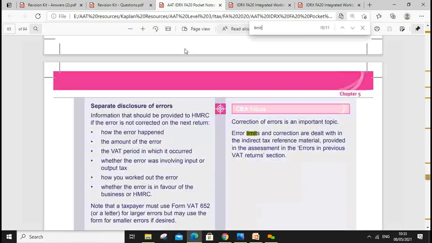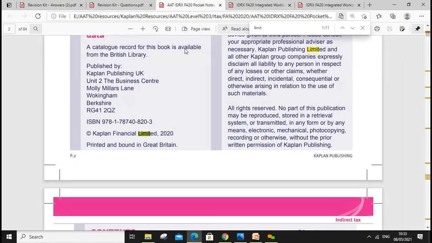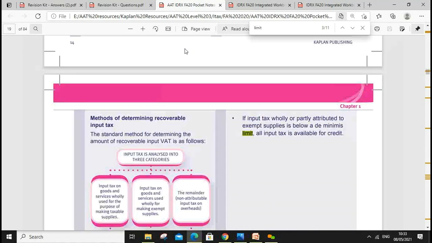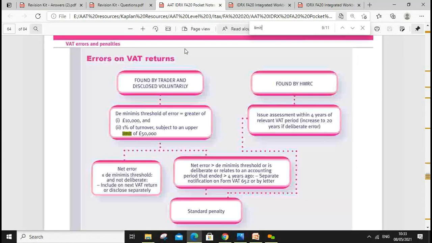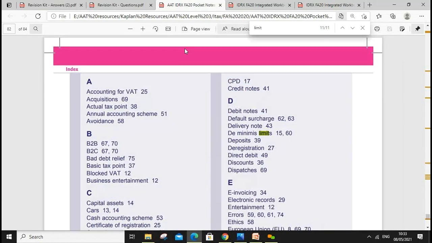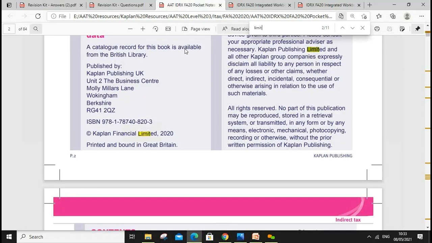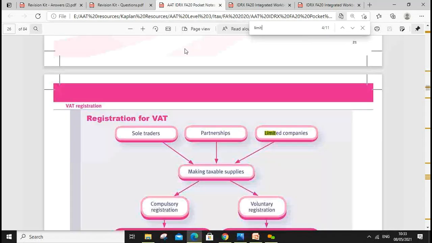So you can find the keywords, the term you will see being used. 625. 620 is including VAT. Yes.